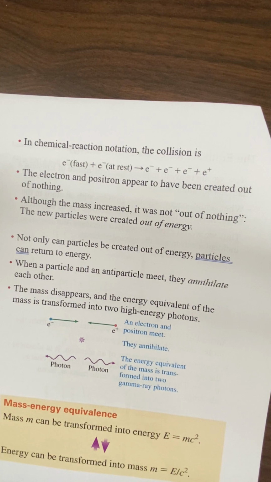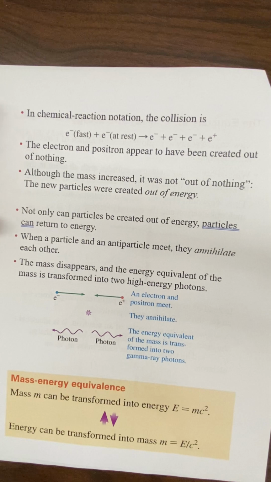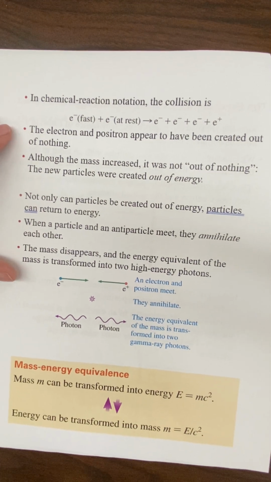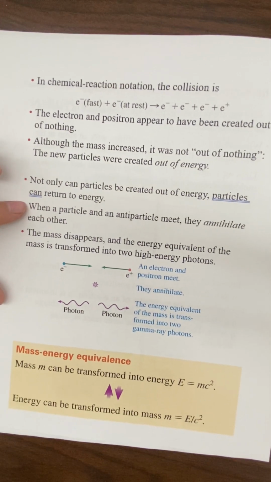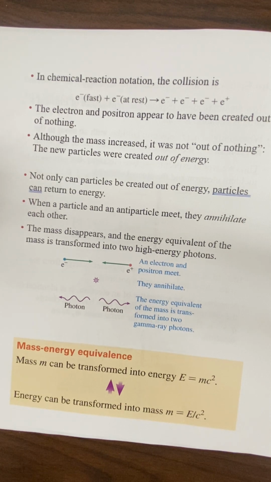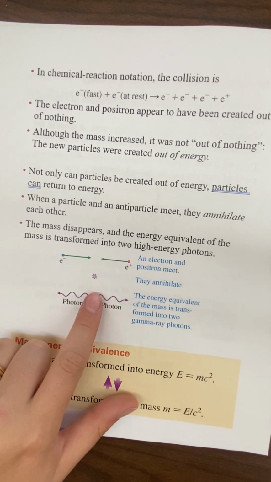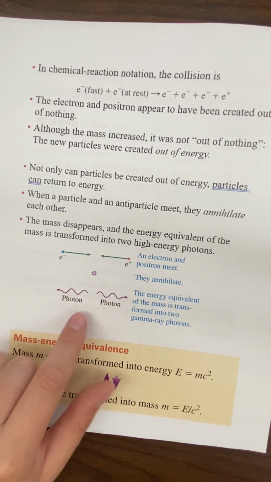So not only can particles be created out of energy in processes just like this, particles can return to energy. So we can convert energy into mass or mass into energy. So the opposite process would be when we have a particle and an antiparticle, for example, an electron and a positron. When they meet each other, they annihilate, they go away, and photons are given off.